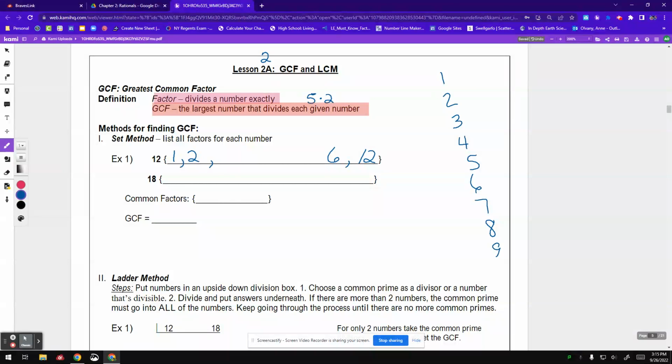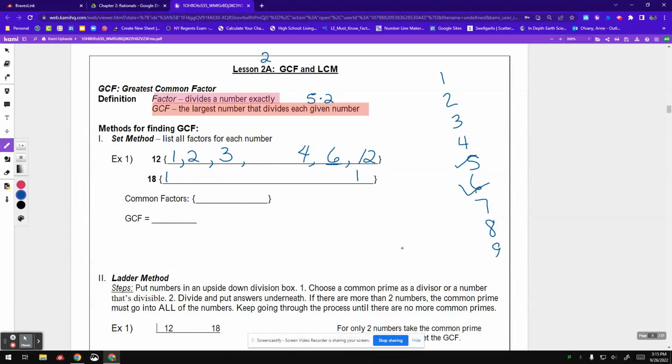Is 3 times something 12? 3 times 4 is 12. How about 5? Will 5 divide in? No, because it doesn't end in a 5 or a 0. 6. Oh, I already said 6 right here. As soon as you repeat a number that you already have used, you know that you've got all of the factors.